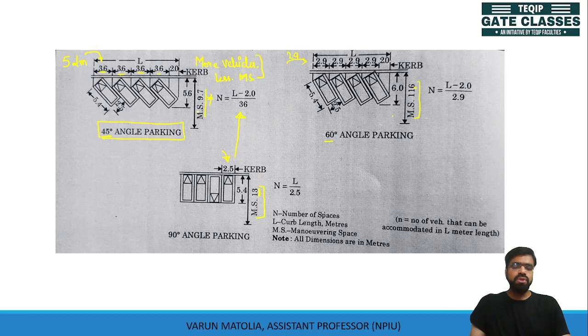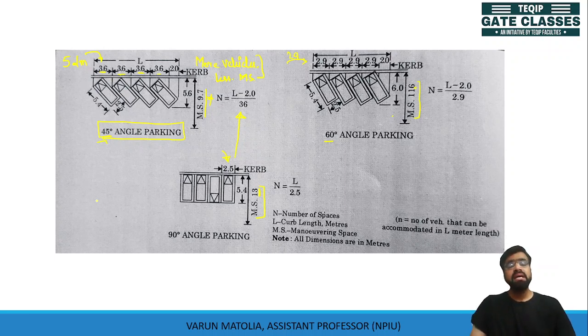So there may be a question asking which of these is the best arrangement for parking on road. You can say the 45-degree angle parking is the best arrangement. If the question is asked which type of parking arrangement should be used to accommodate more number of vehicles, we know that as the angle increases, the number of vehicles which we can accommodate in the parking will increase. So for a parking arrangement of 90-degree, we will have the most number of vehicles.